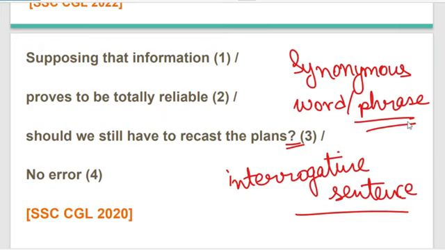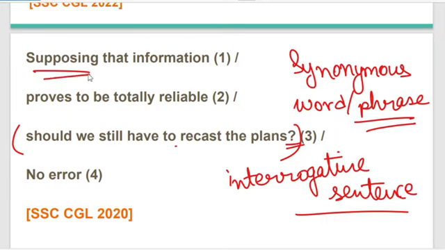Supposing that information proves to be totally reliable, should we still have to recast the plans? Now this part is an interrogative part. We are asking a question to someone. But in the first two parts, let's start getting specific with the words. Supposing.